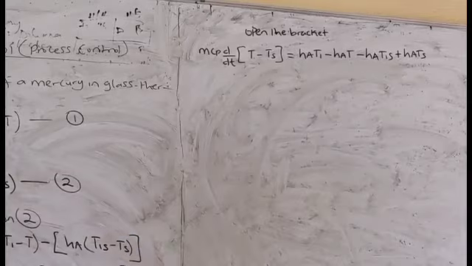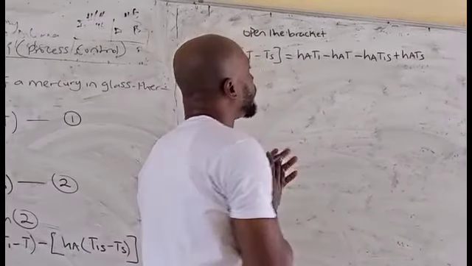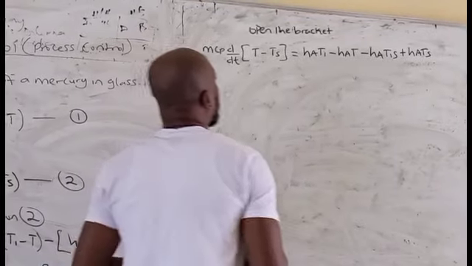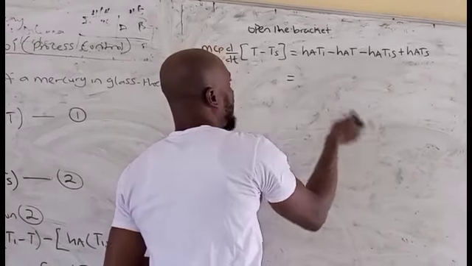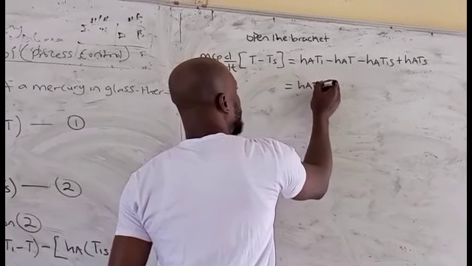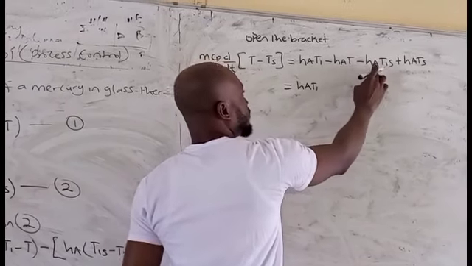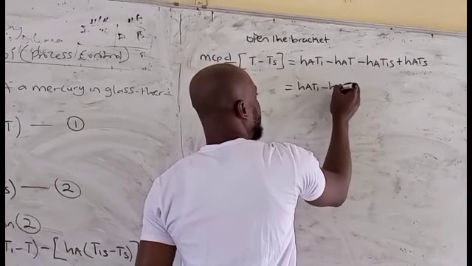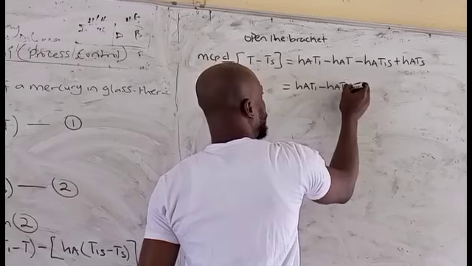So now I'm going to add up and collect terms. I have HA T1. Then I have another minus HA T1s. I'll bring it together. So minus HA T1s.